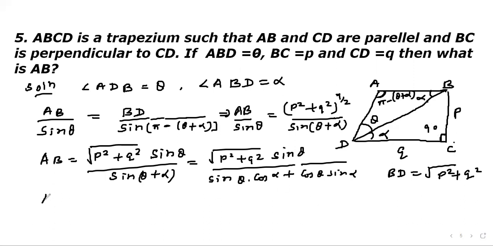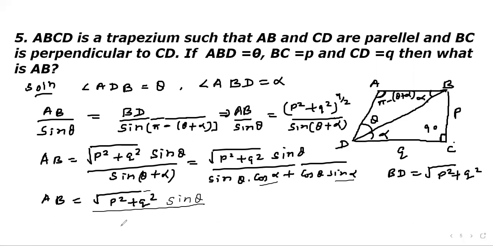So what do we get? AB equal to root of P square plus Q square, times sine theta divided by, we are going to put the values of sine alpha and cos alpha.